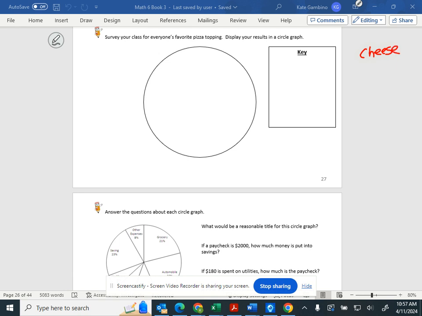Yep. What's another topping that somebody has as a favorite? Sawyer. What's another topping that's a favorite? Madison. Yep. Jimena.